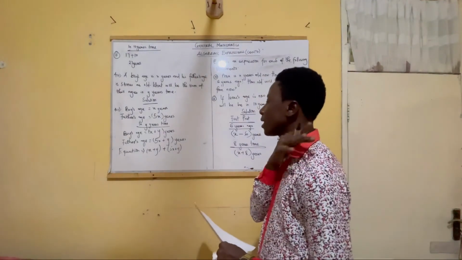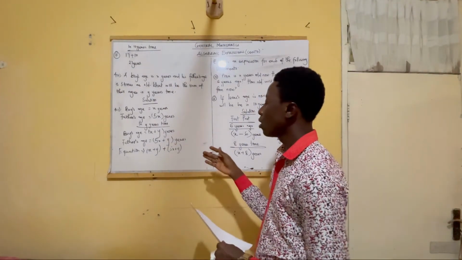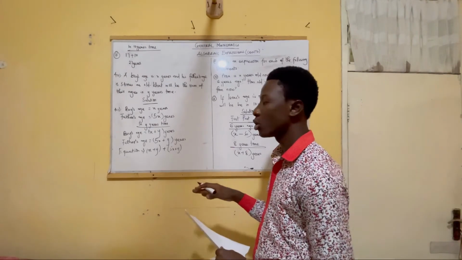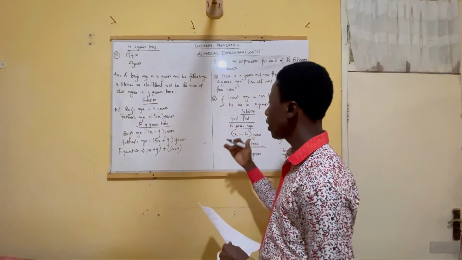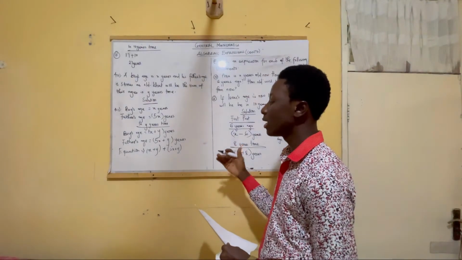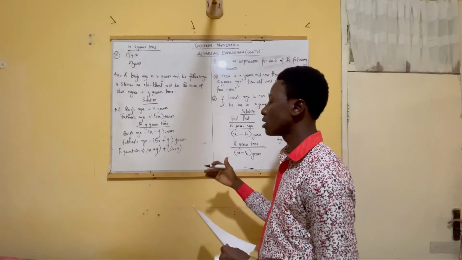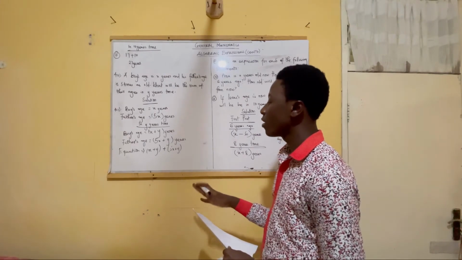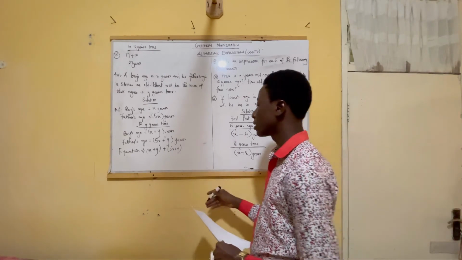So in 1 year's time, this is the sum of their ages. At this point, if you leave your answer this way, I'm going to accept it, because with the way I'm structuring the lesson, I've not started addition and subtraction with you. But very soon you'll be able to solve this.